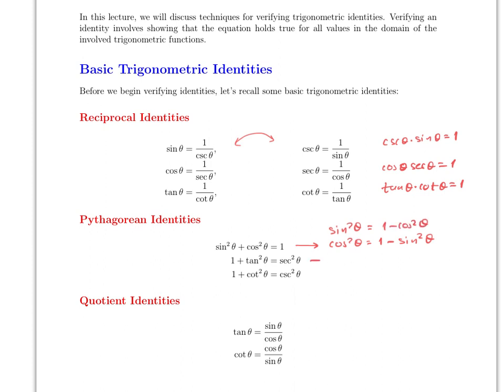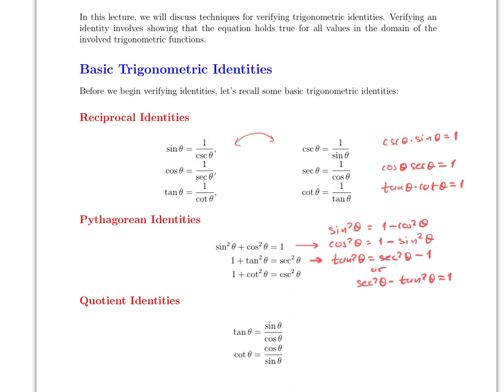And the same thing applies to this. Like if 1 plus tangent squared is equal to secant squared, you could say that tangent squared is equal to secant squared minus 1. Or you could say that secant squared theta minus tangent squared theta is equal to 1. So it takes a bit of time to get used to this, but these are technically the only tools you're going to be using.